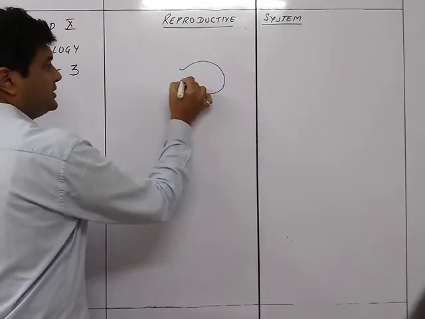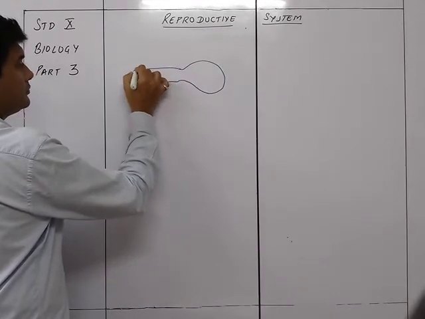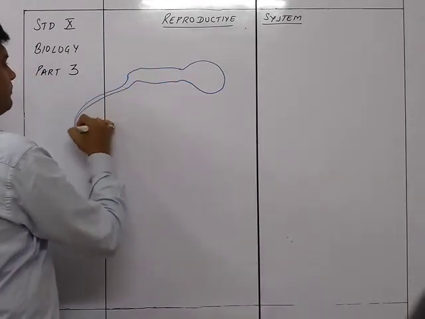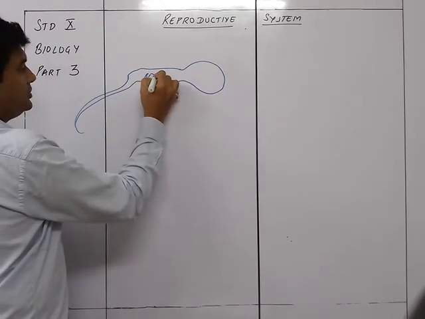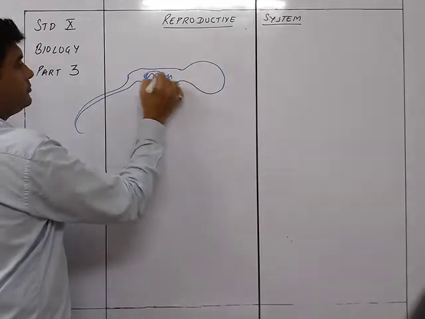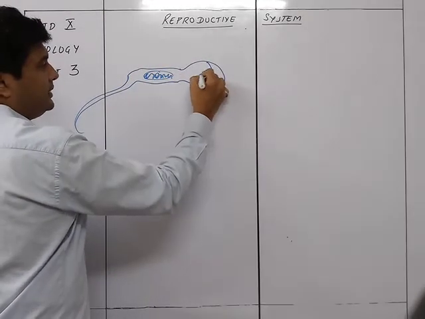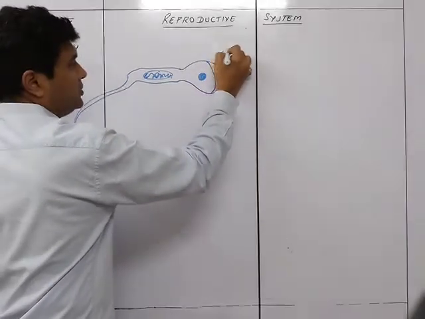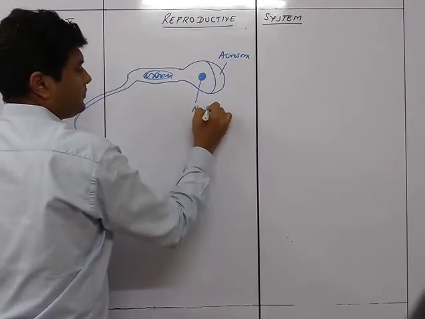So it will be like this. And then the tail. Over here is the mitochondria. So this will be the mitochondria. And here is the acrosome, and then comes the nucleus. This is the acrosome, and this is the nucleus.